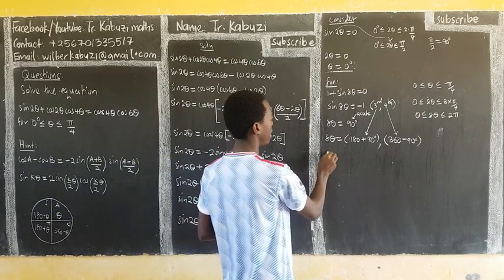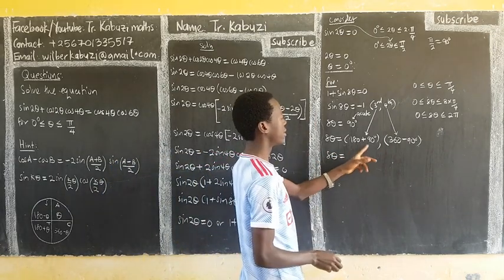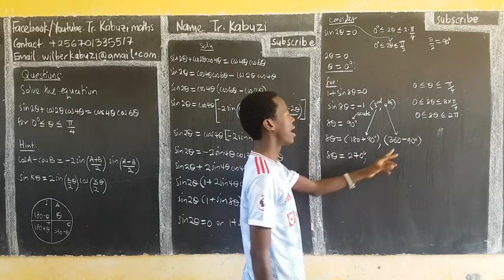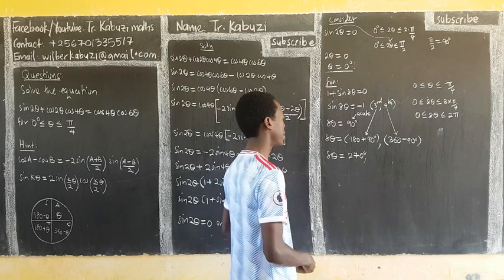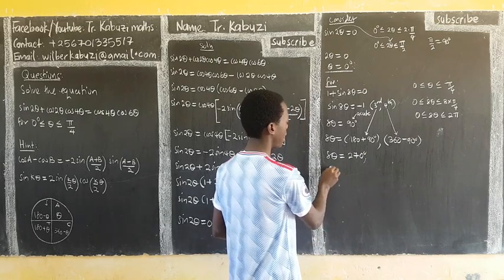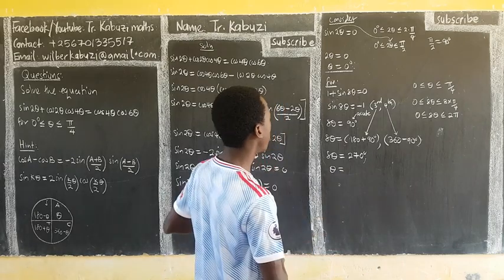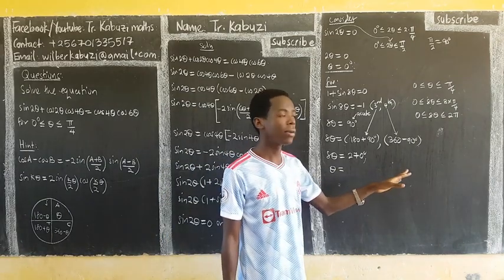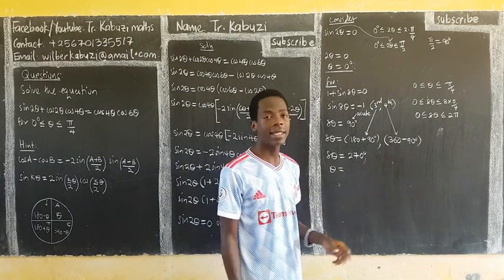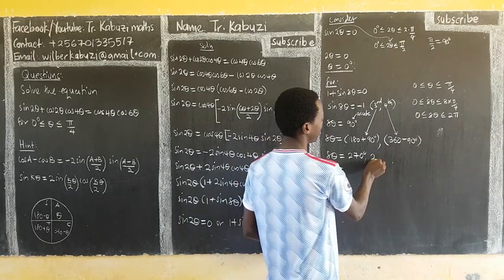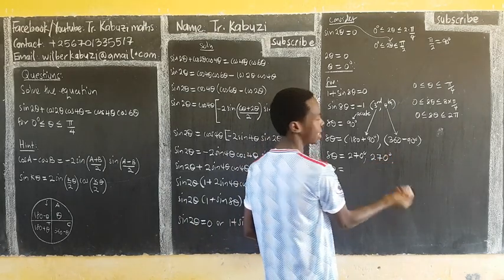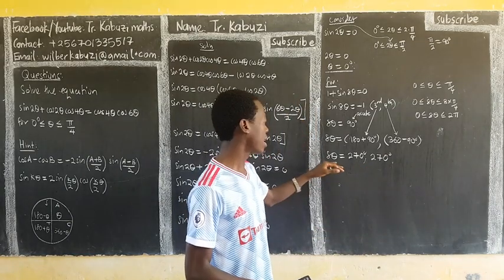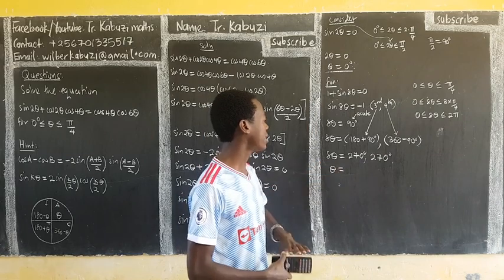So here, we remain with 8 theta equaling 270 degrees, and the same is also going to give us 270. You only divide through after getting all the angles, so that we go back to our range. So after getting all angles, then you can divide through by 8.